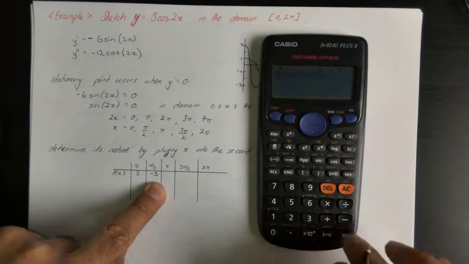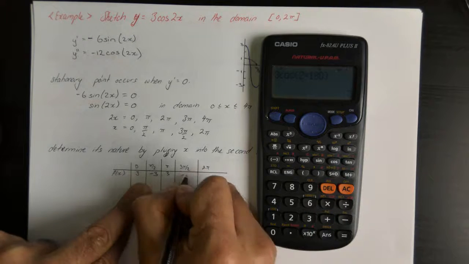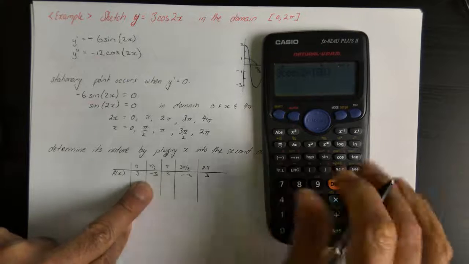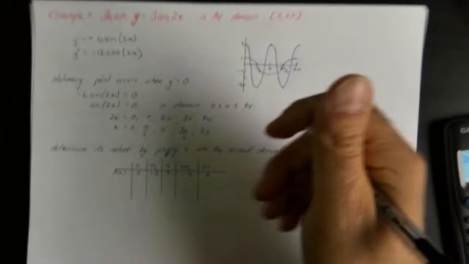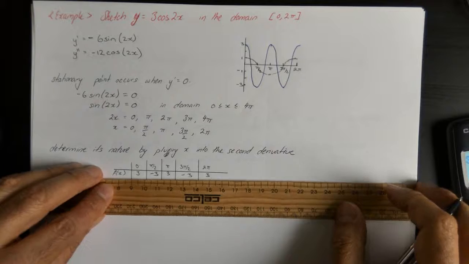It should just alternate from 3 to negative 3. And that's just by knowing our phase has shifted.